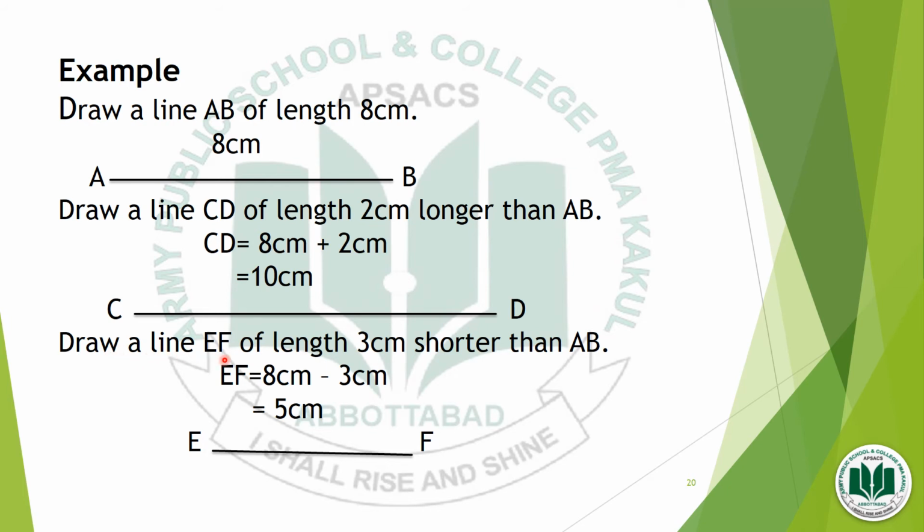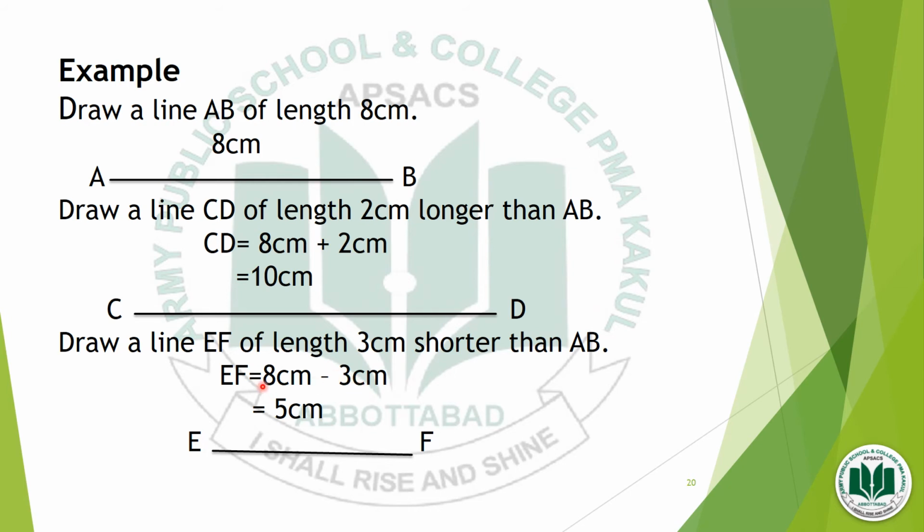Draw a line EF of length 3 cm shorter than AB. Now you have to draw a line EF and its length is 3 cm shorter than AB. If the length is shorter, we will subtract the numbers. Length of AB is 8 cm and EF is 3 cm shorter than AB.